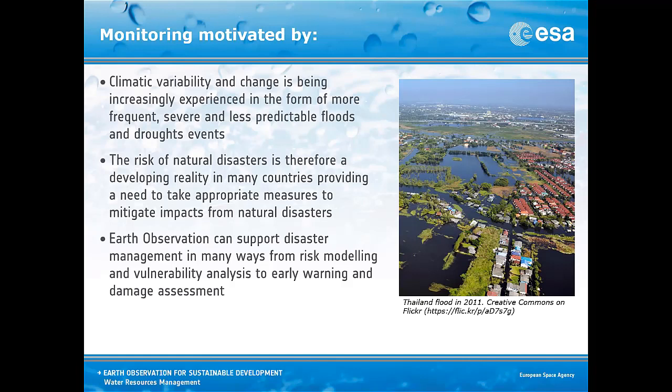The risk of natural disasters is therefore a developing reality in many countries, and also provides a need for them to take appropriate measures to mitigate the impacts. And here Earth observation can support disaster risk management in many ways, from risk modeling and vulnerability analysis to early warning and damage assessment.